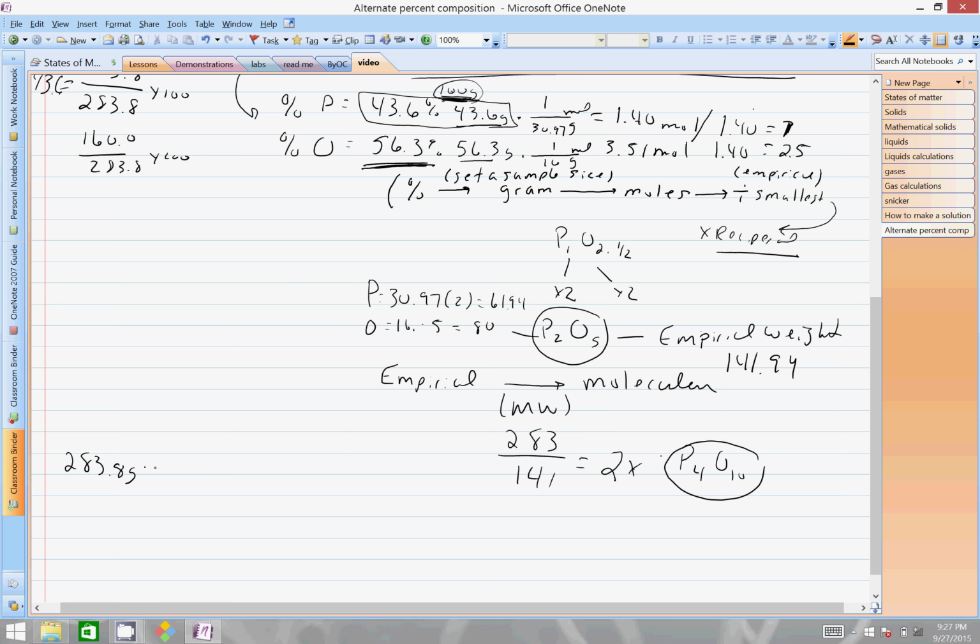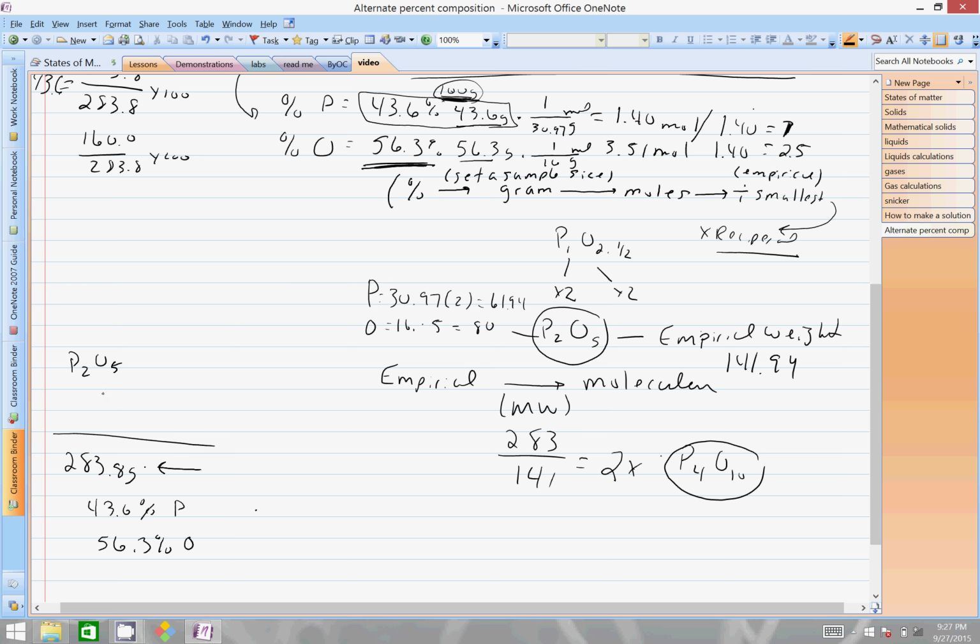I want to go to the percentages. So this whole thing weighs this amount, and 43.6% of this thing is due to phosphorus, and 56.3% is oxygen.